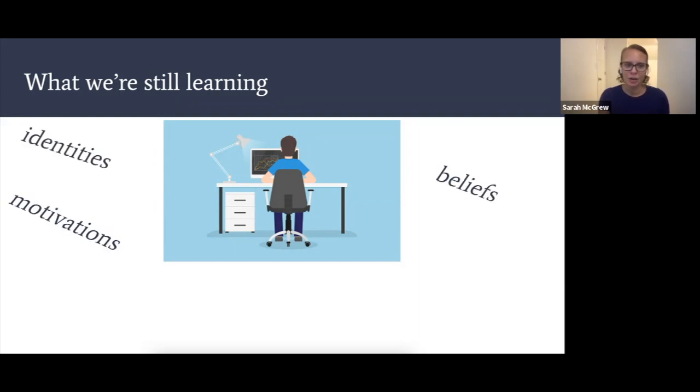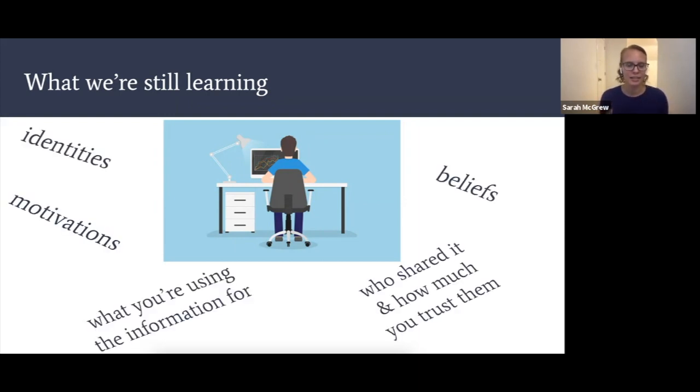So there's still a lot to know about how things like our identities, our beliefs, our motivations influence how well we can learn to evaluate information, what we're using the information for, who shared it, and how much you trust them. All of these things make the online information ecosystem really complex.